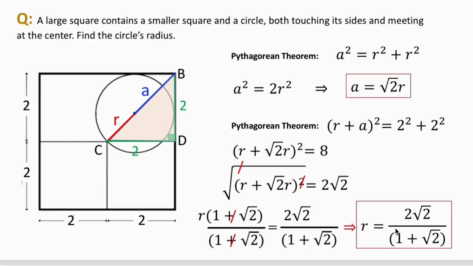We get the R value as 2 square root of 2 divided by 1 plus square root of 2. If we numerically calculate the right side, we get the numerical value for R as 1.17. So the radius of this circle is 1.17 units.